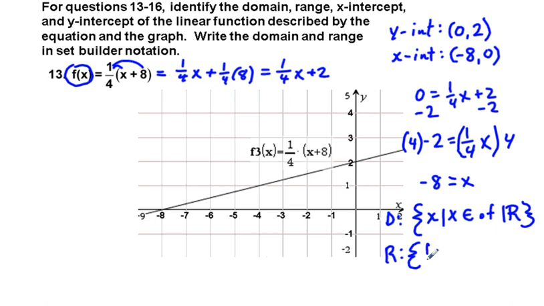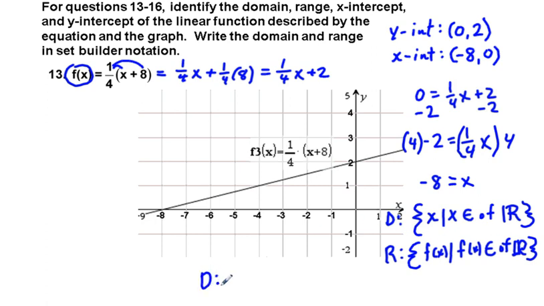So we'll say f of x such that f of x is an element of all real numbers. So that double script R thing. And I think I'm just going to leave that as the example here.